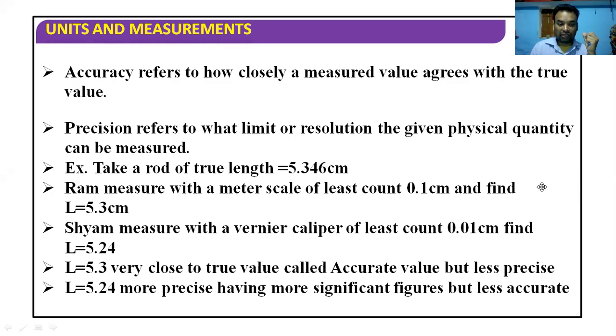But in Sham's data, L is 5.24 centimeter, which is not close to the true value, but it has more significant figures. So more significant figures means this value is more precise. This is the difference between accuracy and precision.